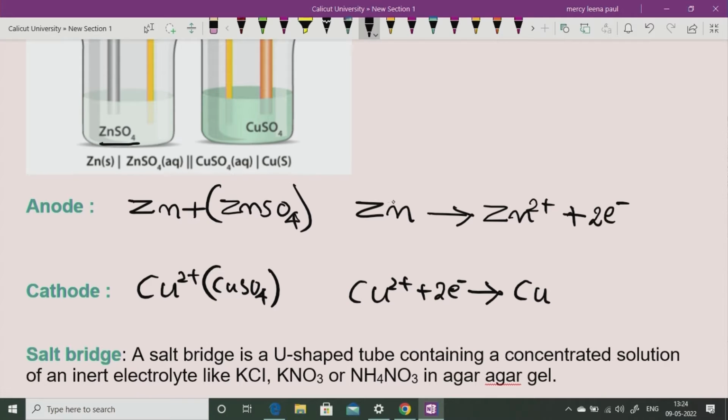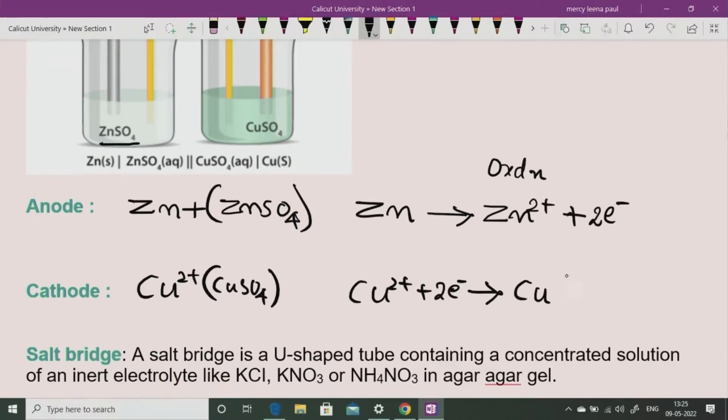So, the electrons arrive from zinc to copper through the external wire, and copper gets the 2 electrons and is reduced to copper metal. Here we have an oxidation, and here we have the reduction reaction taking place.